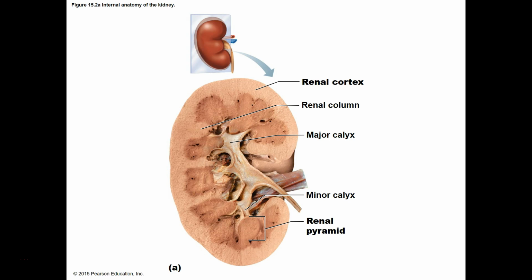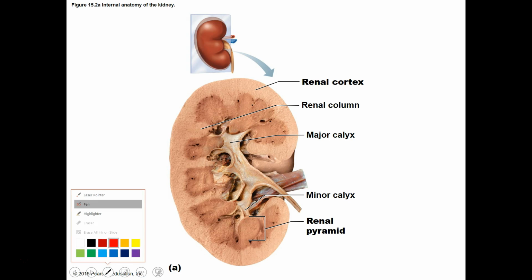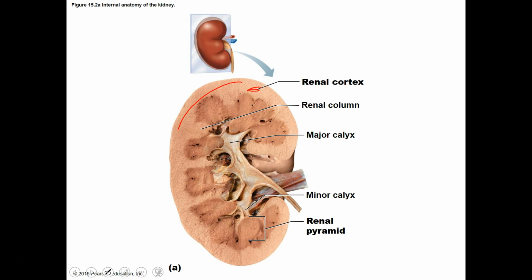So looking at this picture here, we can see the renal cortex, and it's the outermost layer out there. One would think that there's probably not much that goes on up here in the renal cortex, but there is. And then of course we have the renal pyramids.